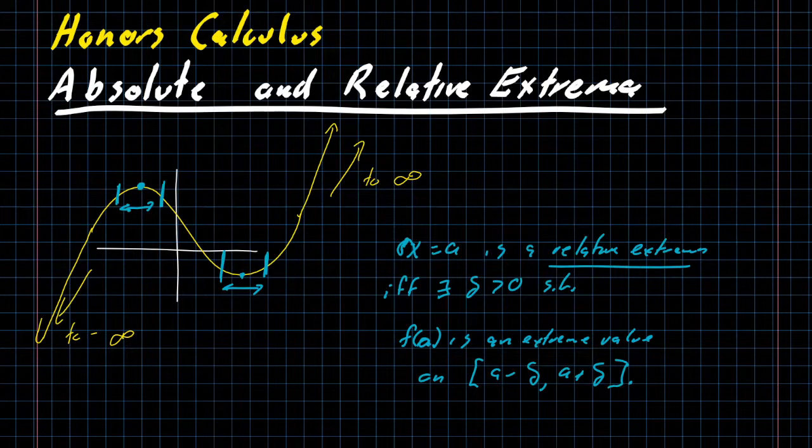All right, so putting that in words, we say that x equals a is a relative extreme value of the function if and only if there is some delta bigger than 0, such that f of a is an extreme value, either the maximum or the minimum, on the closed interval a minus delta to a plus delta.